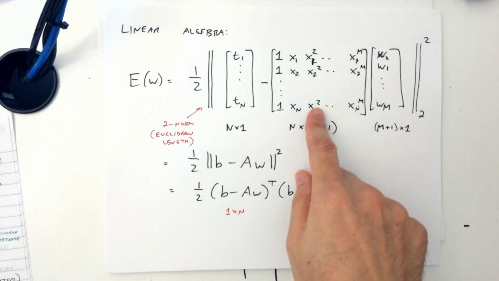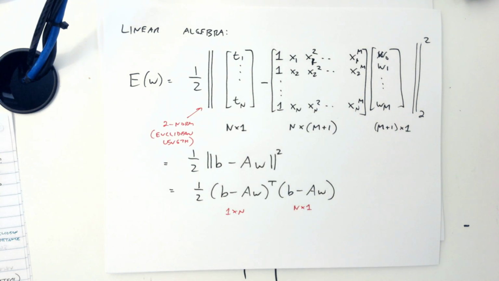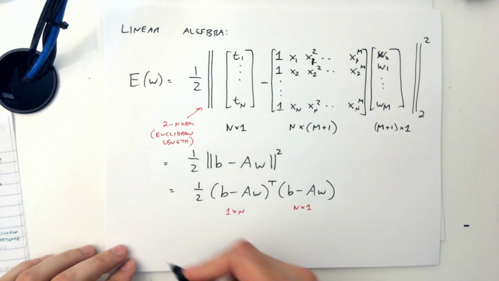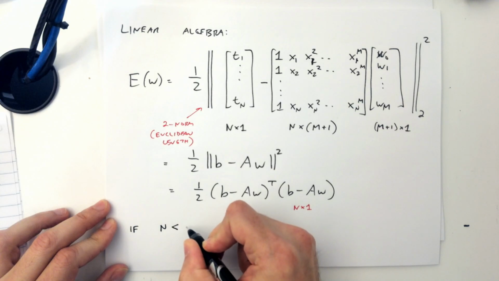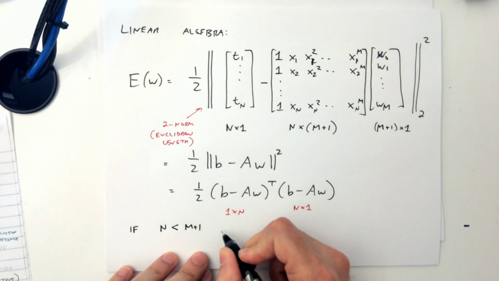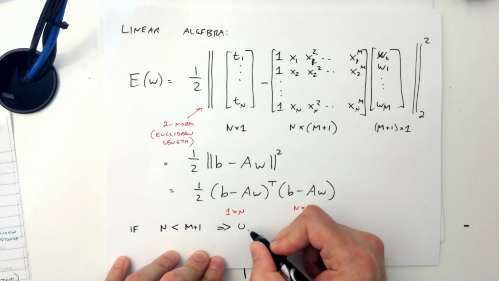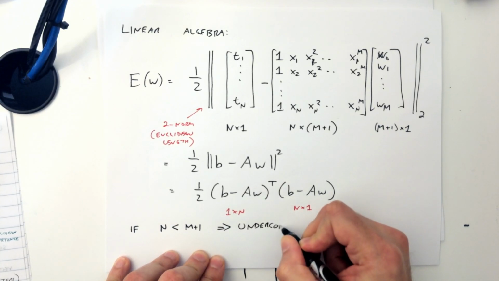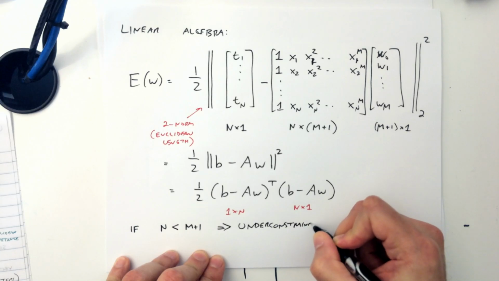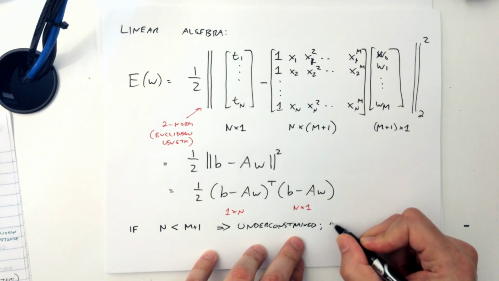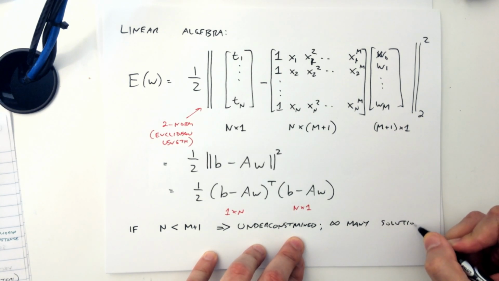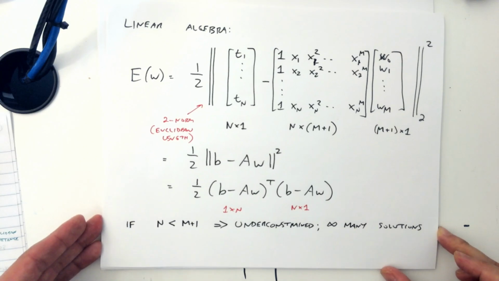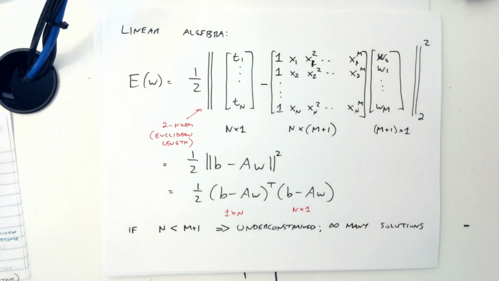That comes down to whether this matrix is square or not. So let's remember that if n is less than m plus 1, that's called under-constrained. There are basically infinitely many solutions in general, and we need to find a way to pick a good one, and we'll talk about what that means in a minute, right?